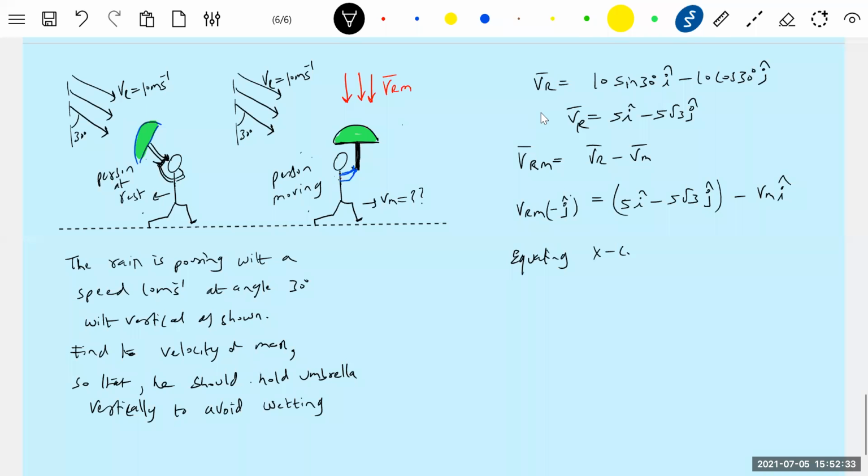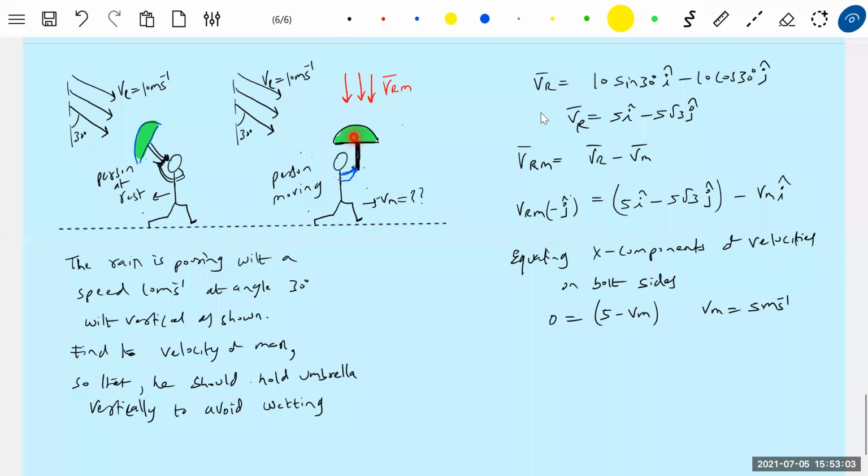Equating x components of velocities on both sides, 0 equal to 5 minus Vm. If he runs with 5 meter per second, you have to hold the umbrella vertically up. If he runs with 10 meter per second, you should hold the umbrella in this way. If he runs with a speed less than 5 meter per second, then he should start tilting his umbrella back.